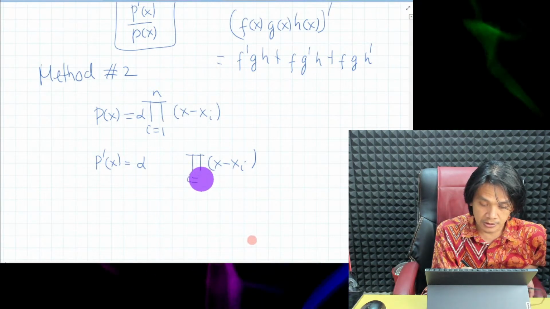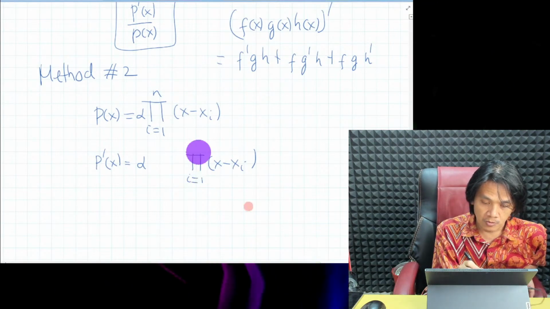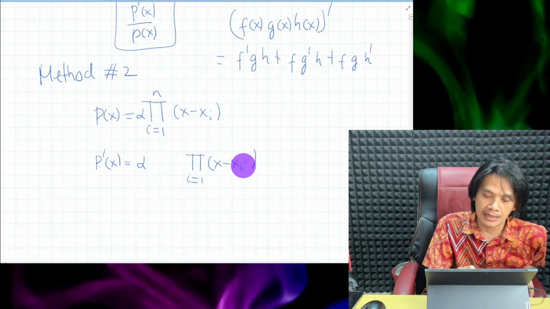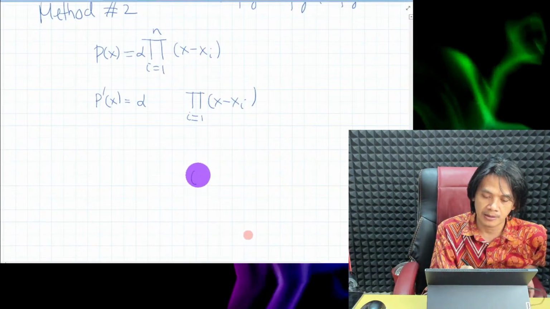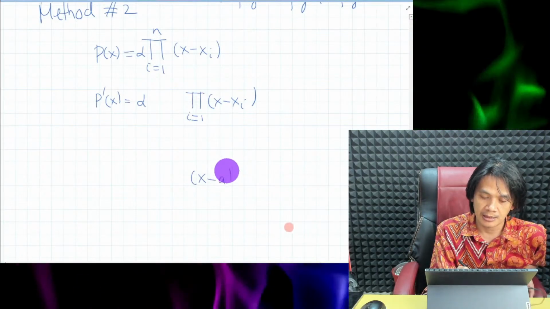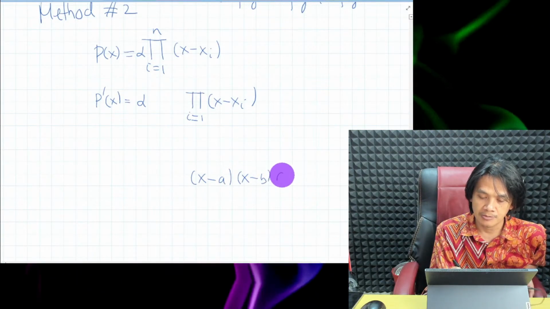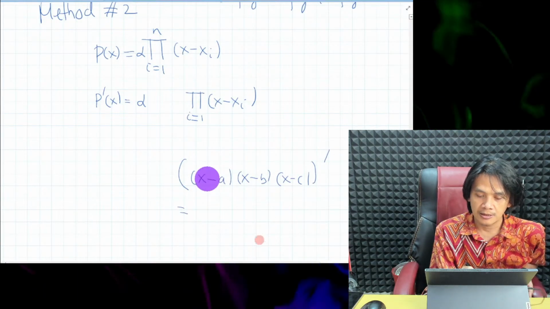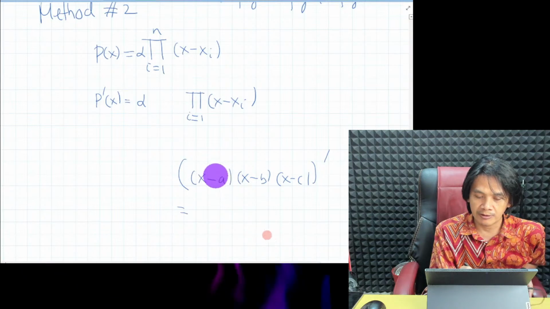we still have this kind of expression but missing one of them. So maybe as an illustration, for example, I have x minus a times x minus b times x minus c. If we take the derivative of this, then when we take the derivative of this, it is 1.